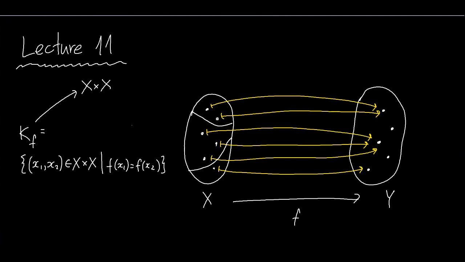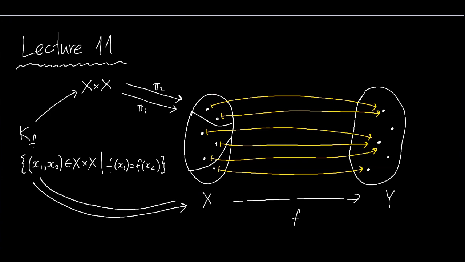Now, a product, of course, has two projection maps going back to X, pi1 and pi2. And hence, there are two projection maps going from Kf to X as well, which are just composites of the inclusion of Kf into X cross X with those projection maps. Let's call these things p1 and p2.